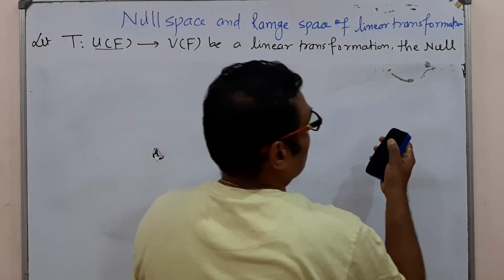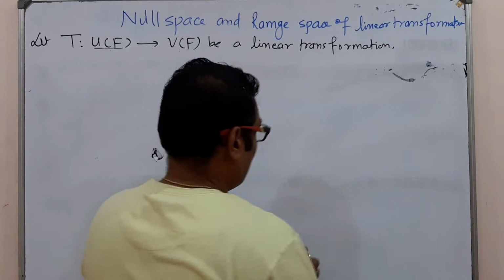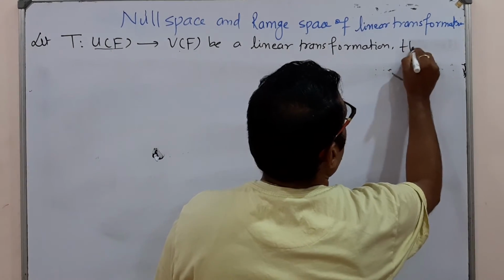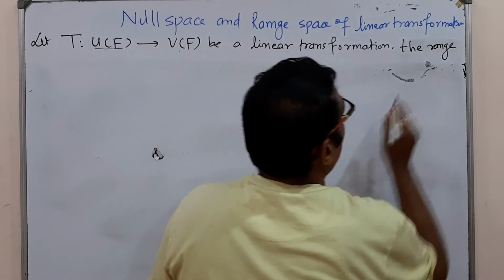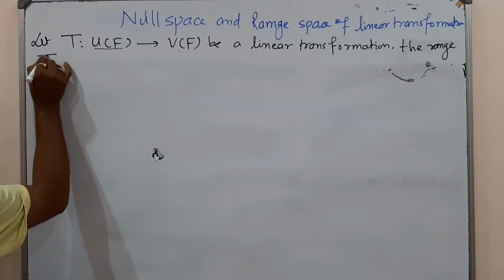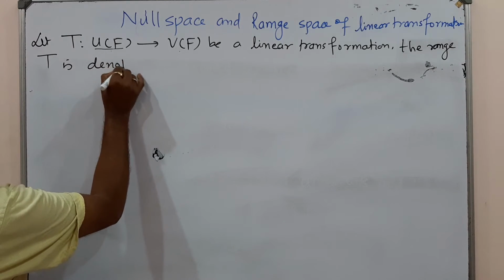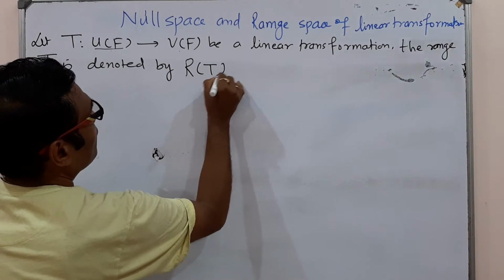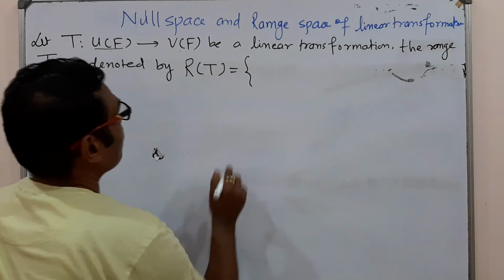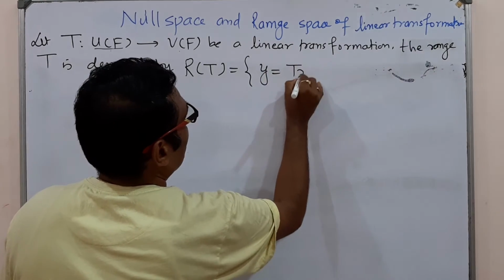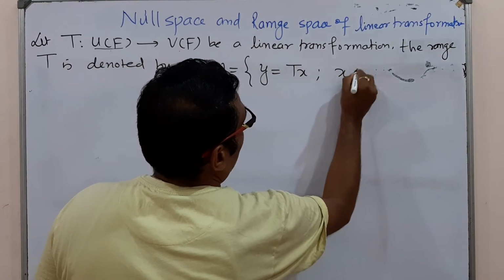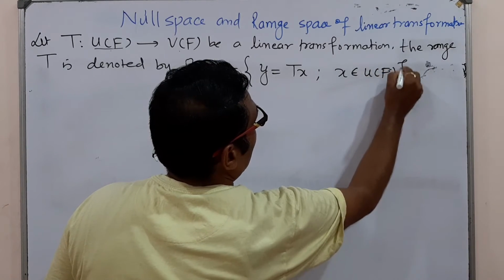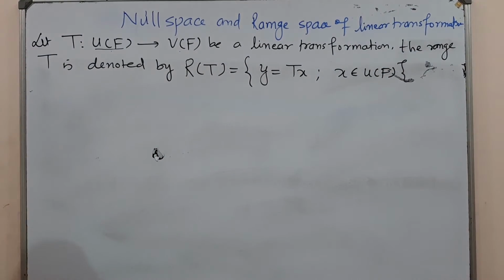Then the range of T is denoted by RT. This is the set of y such that y is equal to Tx for all x belongs to UF. That means we collect the images of T, and this is called the range of a linear transformation.